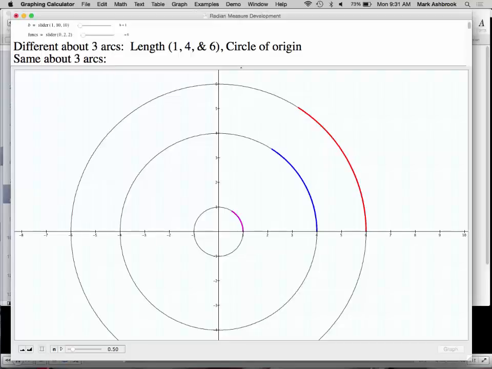Okay, so the percentage of the circumference taken up? Is that what you mean? Yeah, so the percentage of the circumference taken up by those arcs is the same. What else is the same about the three of those? Okay, so the openness of the resulting angle.